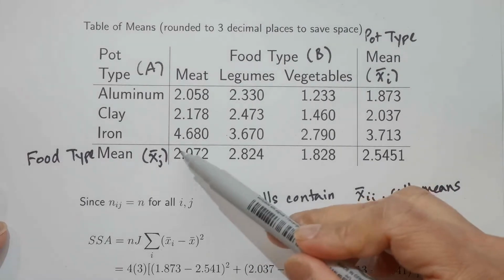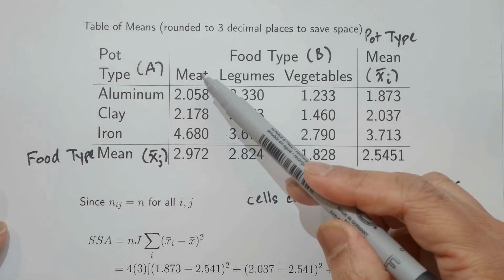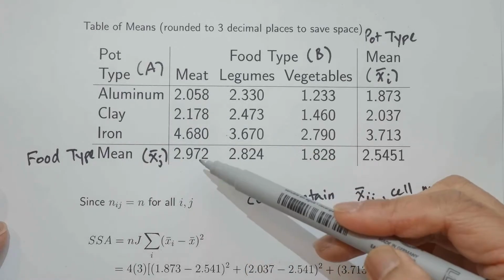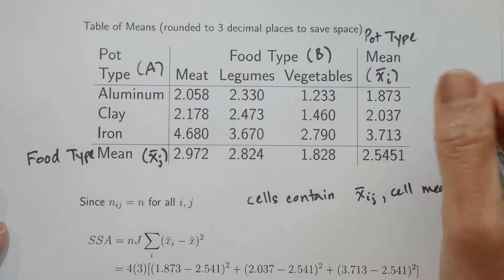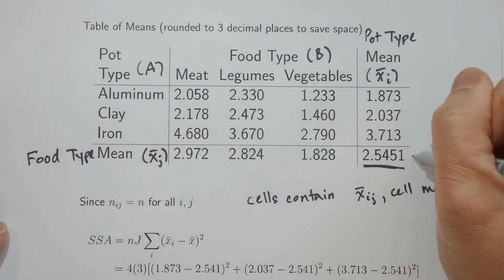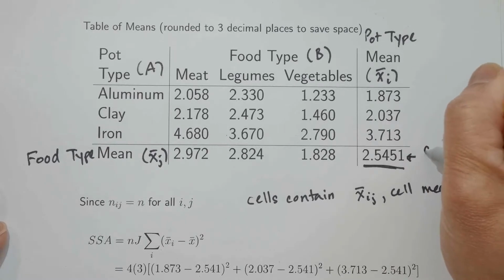And so 2.972 is the average of all observations where food type equals meat, regardless of what the pot type is. And then, of course, this 2.5451 is our grand mean or our overall mean.